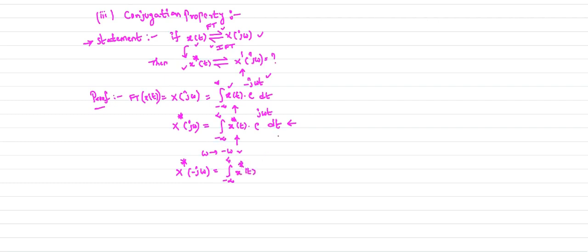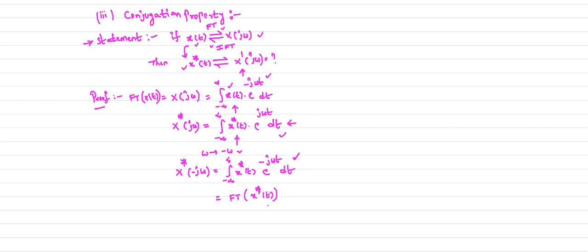So I want to represent this signal in terms of the standard formula. For that, you just replace omega by minus omega. Now observe this right hand side expression. So this right hand side expression is nothing but the Fourier transform of your signal x conjugate of t, or not? So this is nothing but the Fourier transform of x conjugate of t.